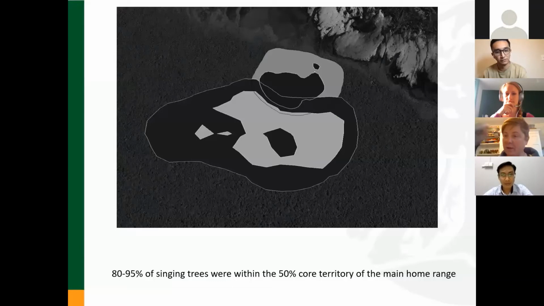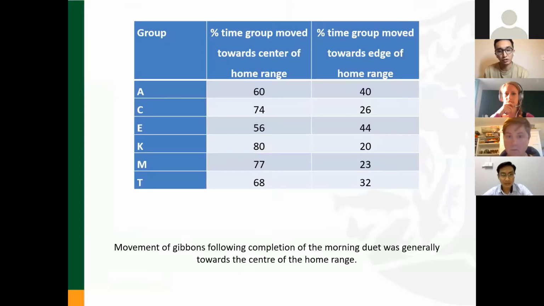And when we're looking at actually where the gibbons sing from, again, this is something important in terms of understanding habitat use. 80 to 95% of the singing trees were within 50% of that core central area of the main home range. We were also looking at the movement of gibbons after they completed their morning duet.